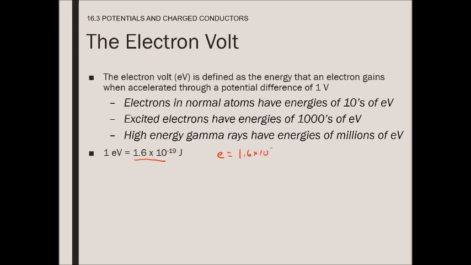So the electrons in a normal atom have energies in the tens of electron volts. Excited electrons then have thousands of electron volts, and high energy gamma rays have energies in the millions of electron volts. So it's a handy unit when we're talking about very, very small amounts of energy.